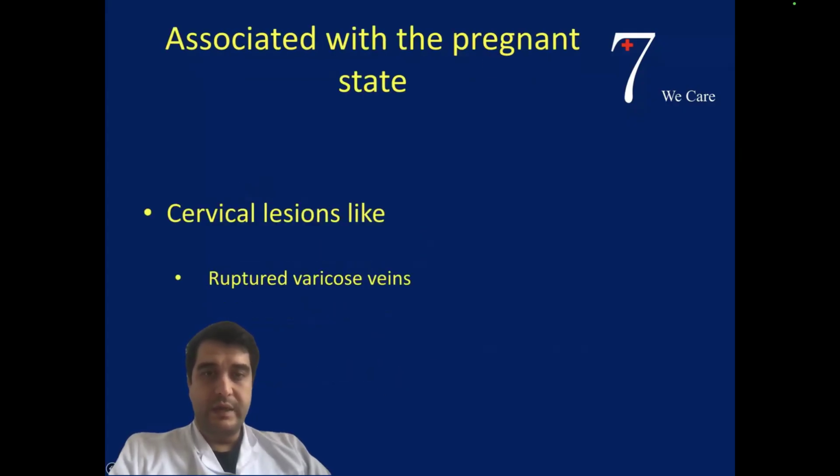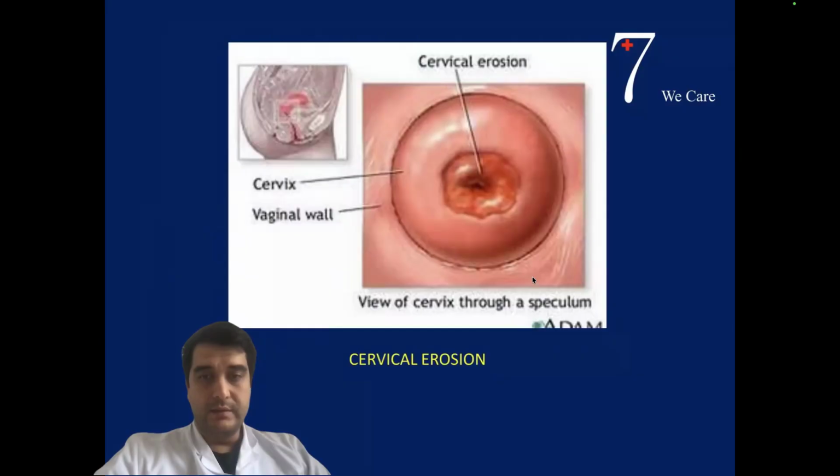Associated with the pregnant state, it may be cervical lesions like ruptured varicose veins. In this picture, you can see the cervical erosion at the external os of the cervix. You can see the cervix and vaginal wall, and you can see this kind of image during the speculum exam.